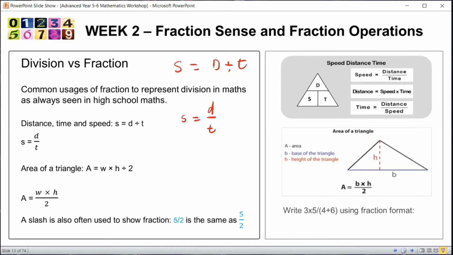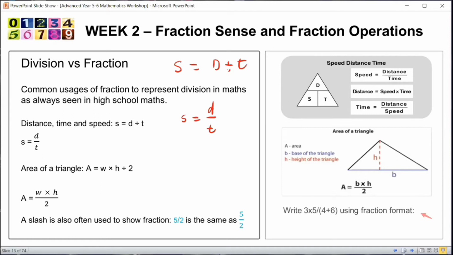And for that same reason, you have A, the area, equal to the width times the height, divided by 2. So that's how they write it. Now there is an example here. We'll see how we're going to write that.